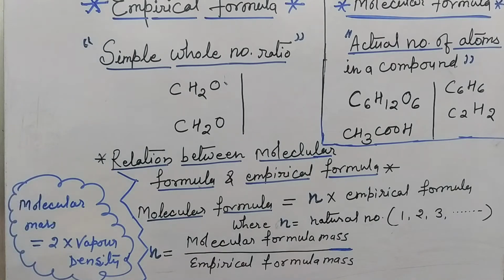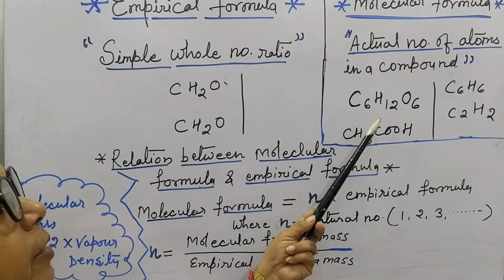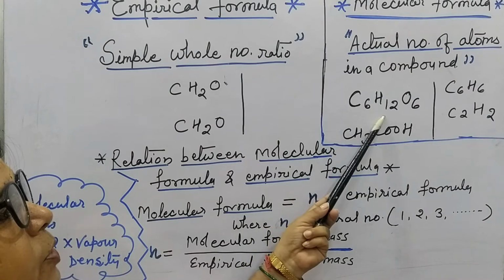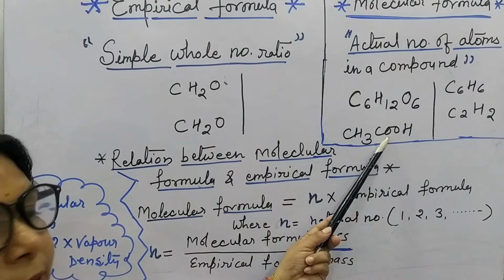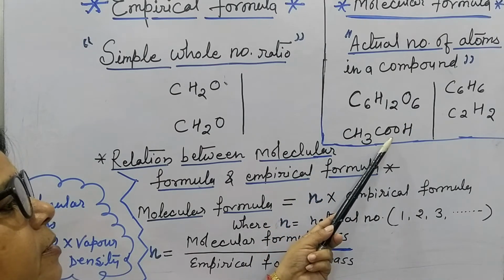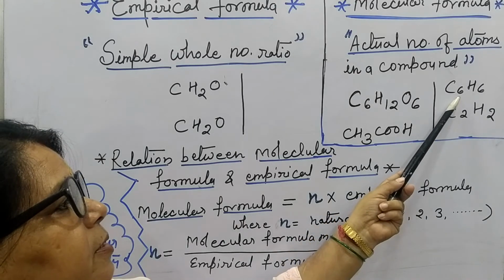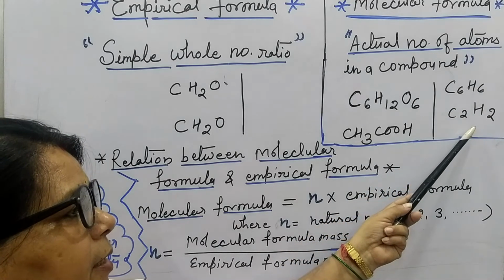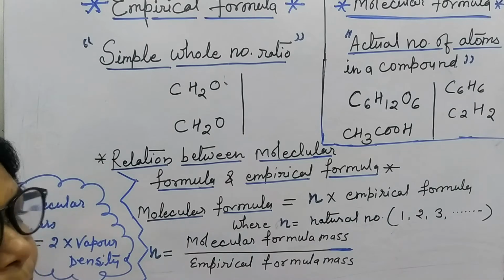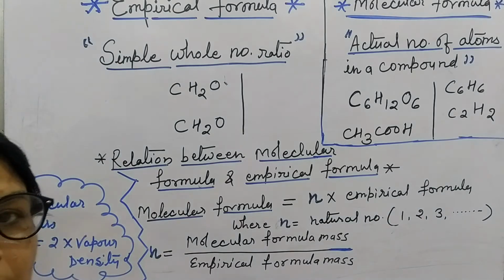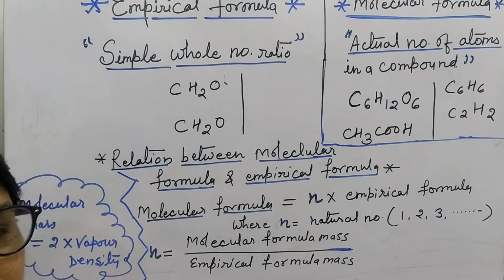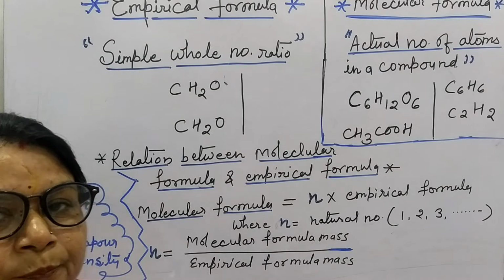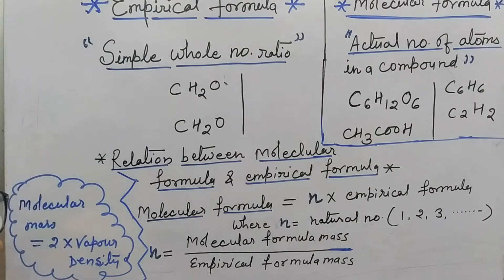Right? Suppose I have written some formulae over here: glucose C6H12O6, acetic acid or ethanoic acid CH3COOH, benzene C6H6 and ethyne C2H2. So these are the actual formulae of some compounds, and if we want to find out their empirical formula, we will select the numbers.